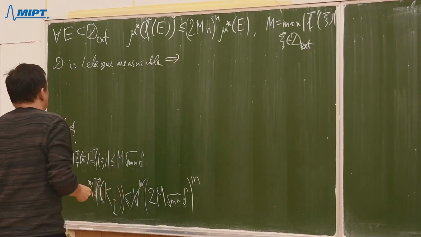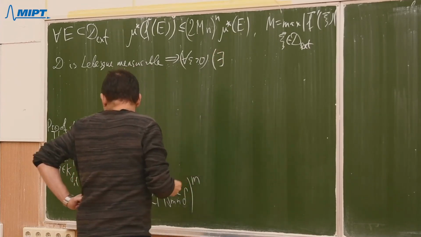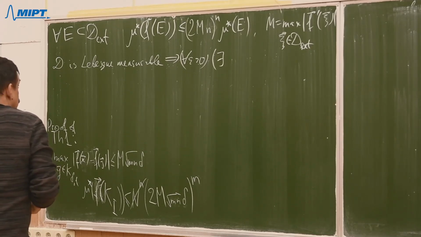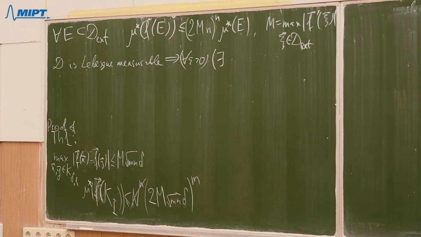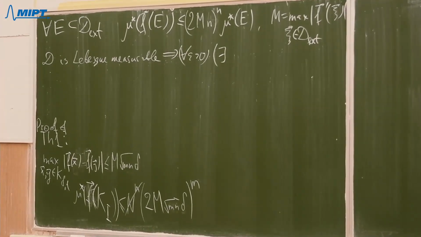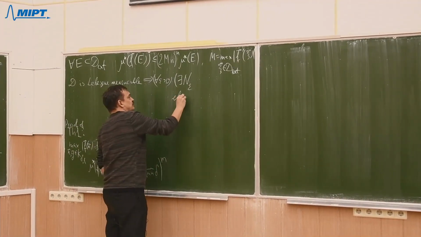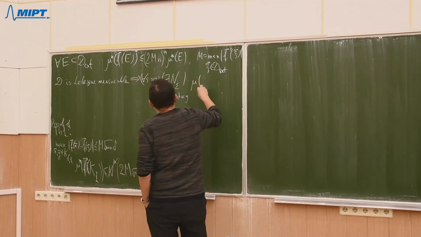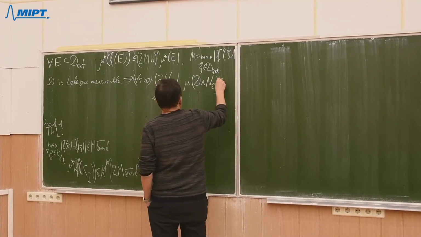Hence, what we know is that for arbitrary epsilon greater than 0, there exists an elementary set N epsilon such that the Lebesgue measure of the symmetric difference between D and N epsilon is smaller than epsilon.